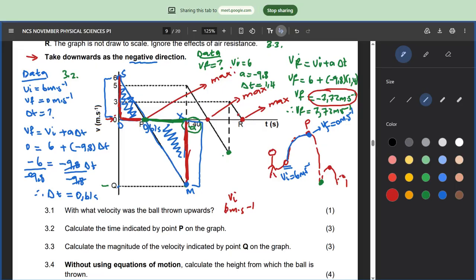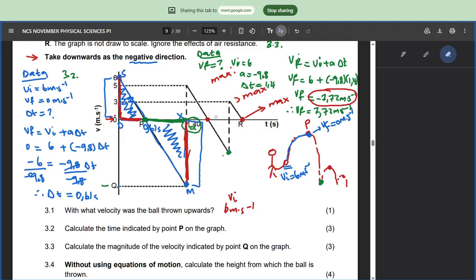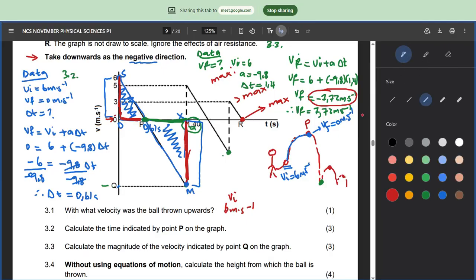So now I think we need to work something out. Remember, at R it's at max. So I need to first start here. I have the initial velocity as 5, but it's going down, so that will be minus 5. You see, it's going down.